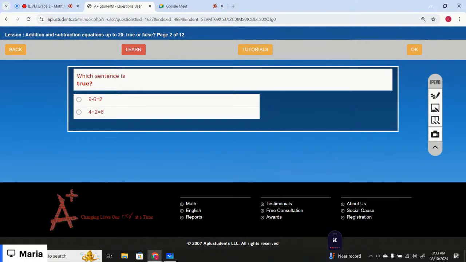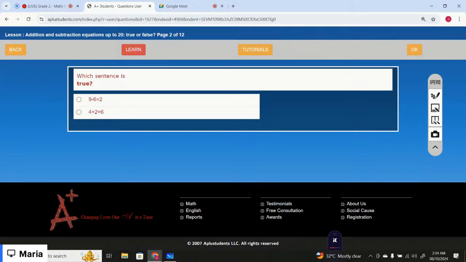Okay, the next one is which sentence is true? So which is the correct option? The correct option is 9 minus 6 is 2.